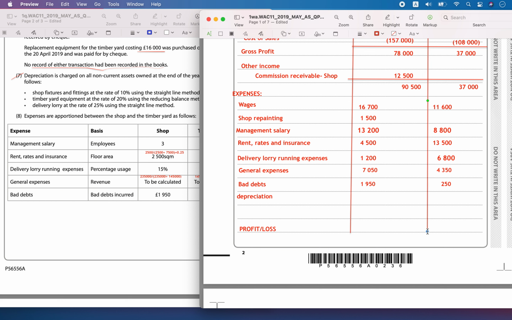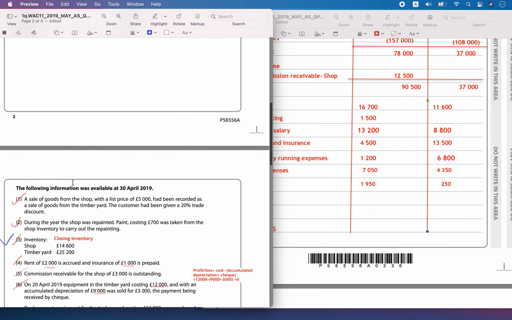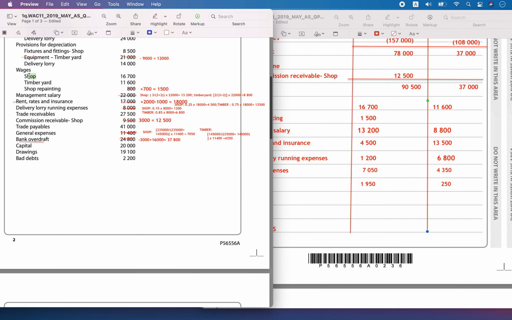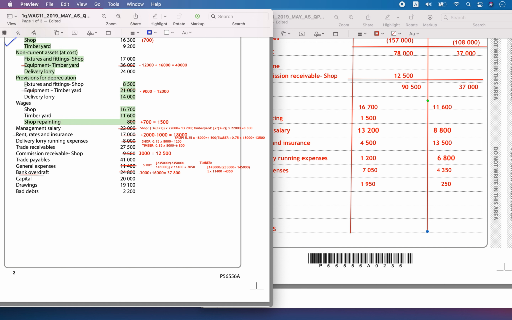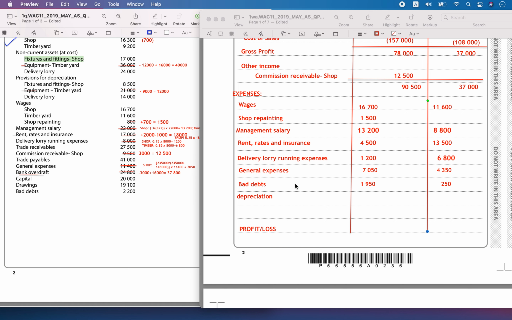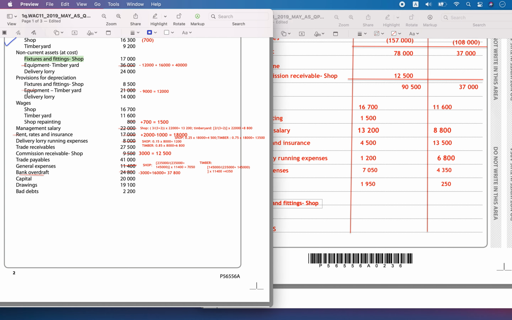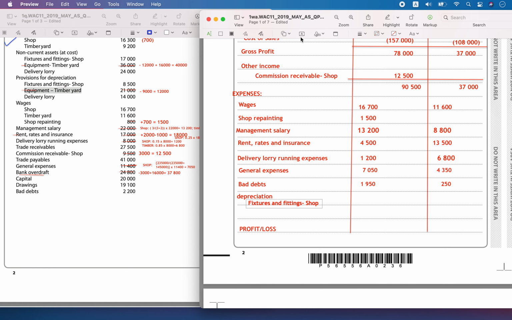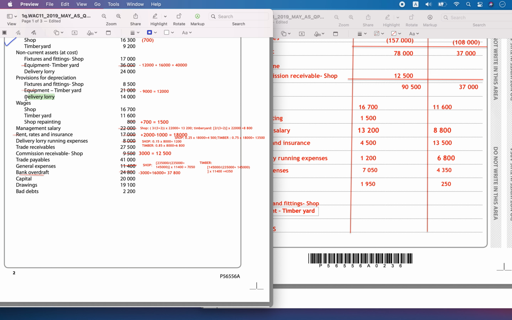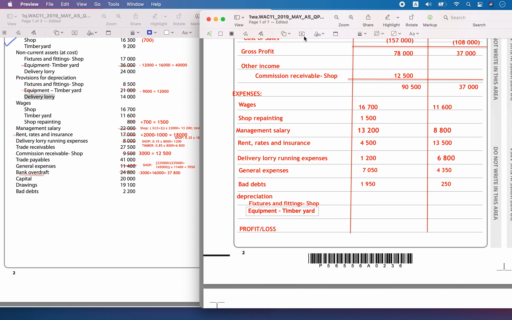And depreciation charges, we have to include depreciation charges, because there are three things: the fixtures and fittings for the shop, the equipment for the timber yard, and the delivery lorry.